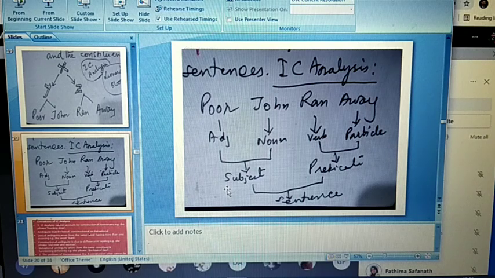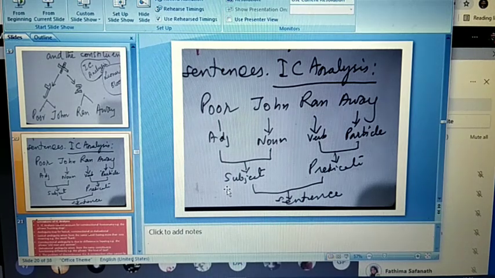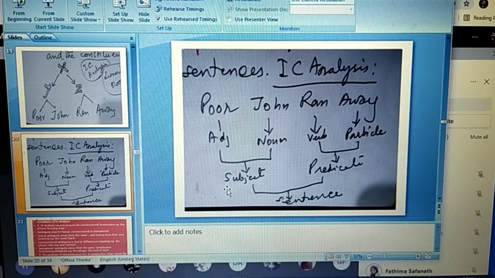Right? So here you see the different layers. Poor John ran away: adjective plus noun plus verb plus particle, subject plus predicate, sentence. This is how a sentence is analyzed in immediate constituent analysis. Nothing but quite simple.